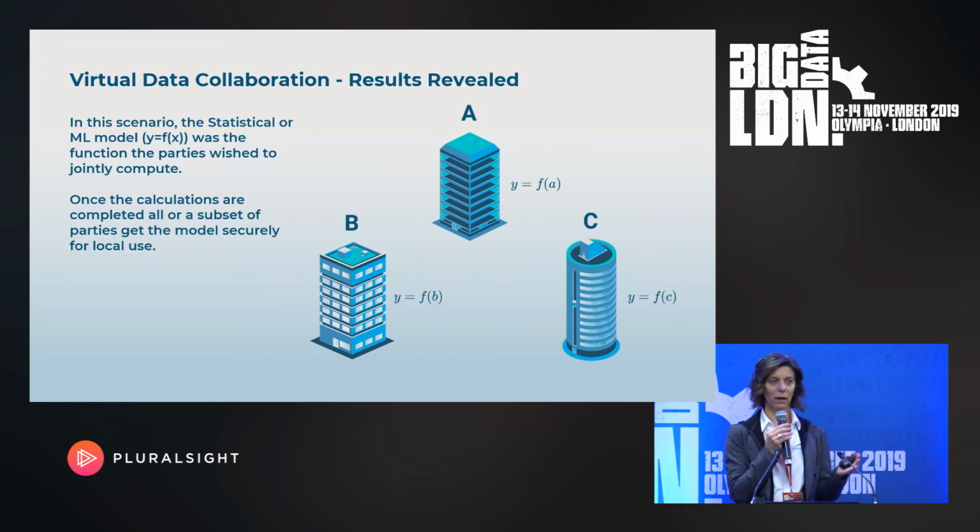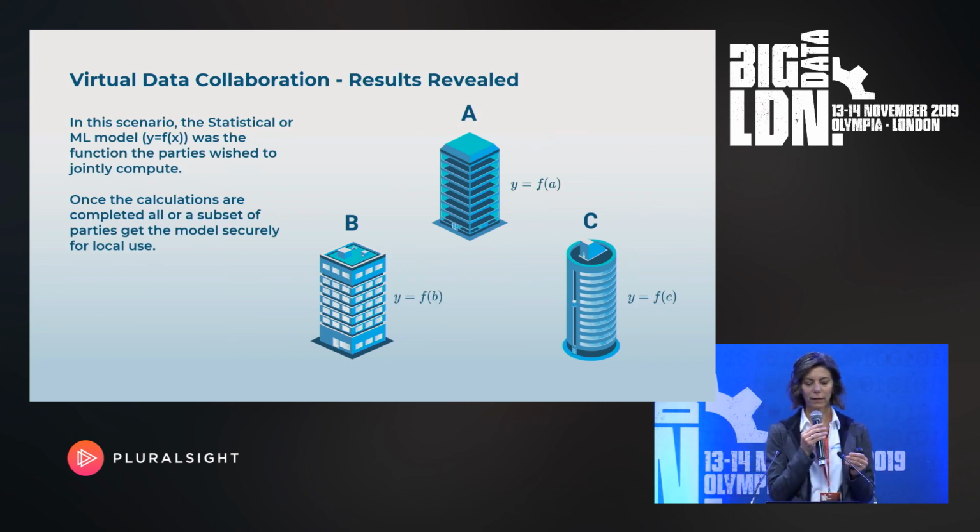At the end of the computation, what they end up with is the statistical or machine learning model that they wish to train, which can then be revealed to either all of the parties or a subset of the parties, depending on the agreement that the parties went into. So this is how you could operate on data, even if you couldn't move it and aren't allowed to expose it.